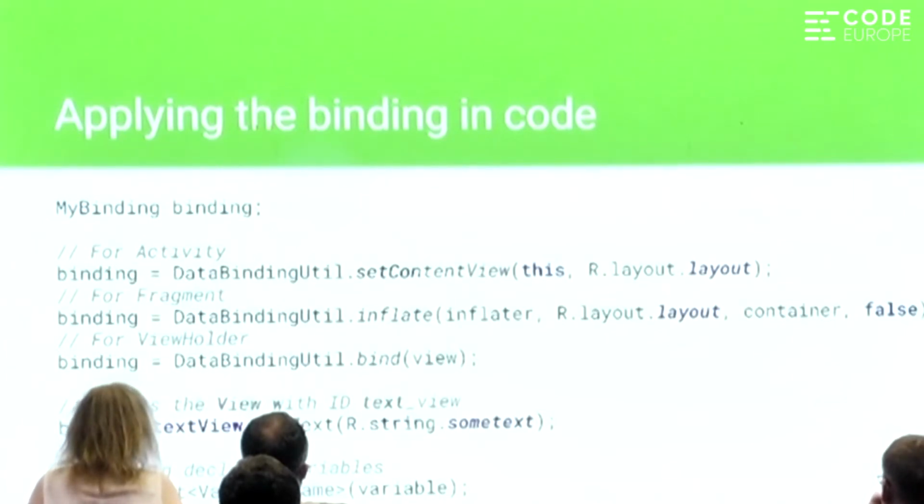On the binding, you also set the variables you declared in the layout. That's actually the place where you connect the view model and the binding. We had a variable called vm in our layout, so what we can do here is binding.setVm and provide the view model. Now both are connected.